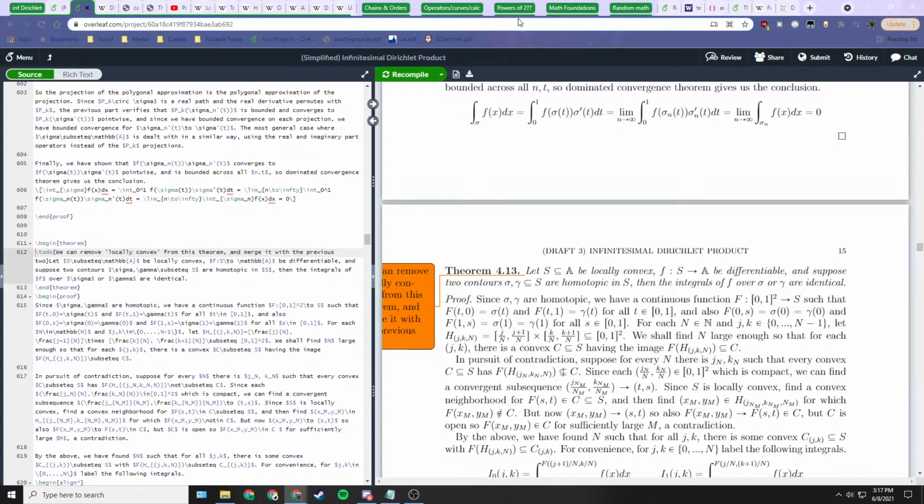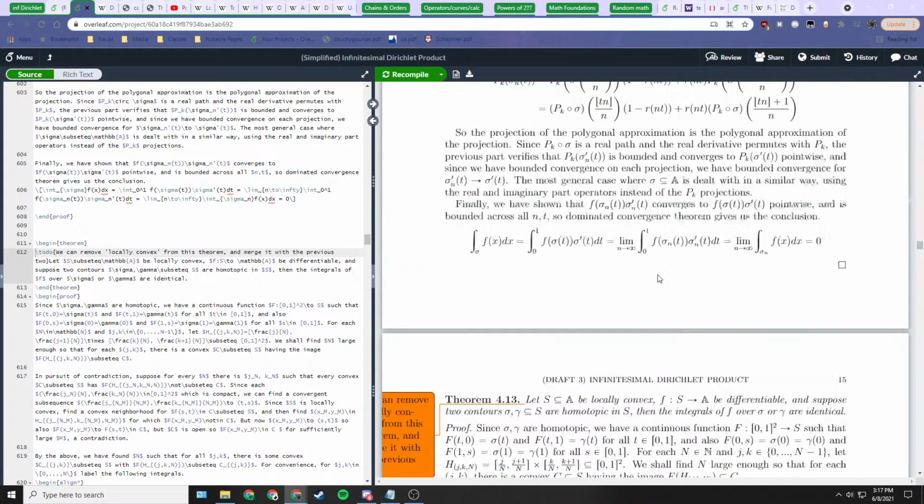As it happens, we can actually reduce this theorem quite substantially, I think.